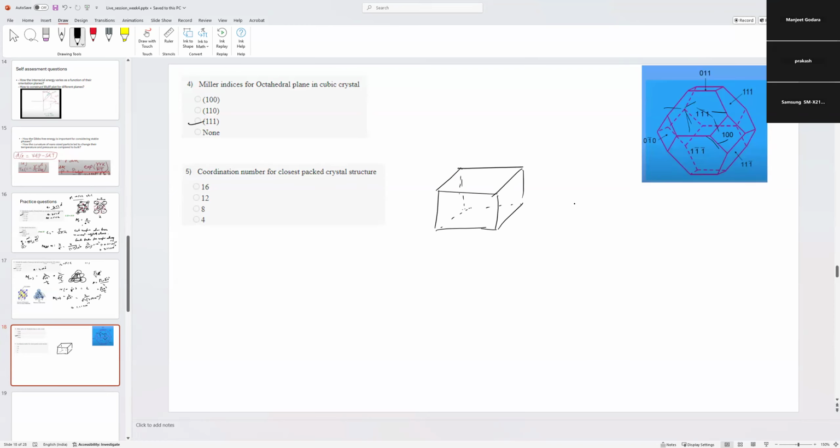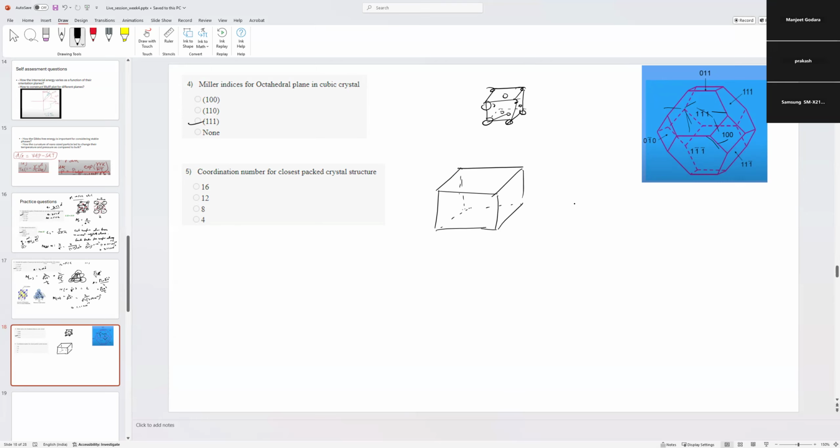So you all know FCC is face centered cubic: a cube with atoms sitting on the corners and an atom sitting on each of the faces.